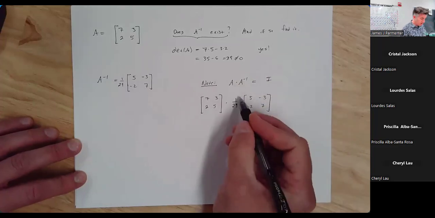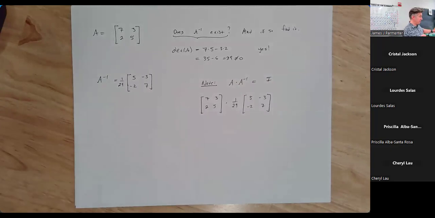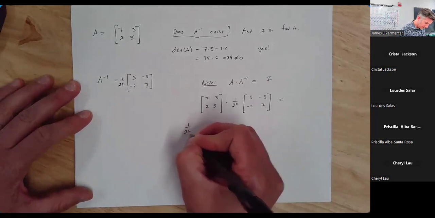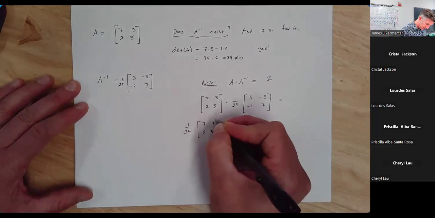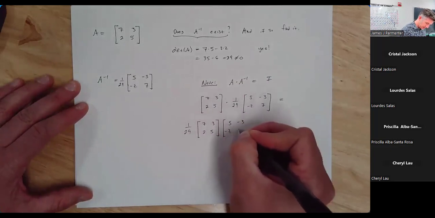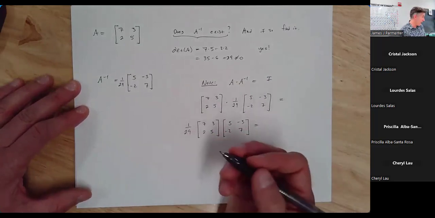The nice thing about constants, unlike matrices where the order matters, is that for constants, or scalars, you can move them wherever you want to. So we can rewrite this as 1/29 times the matrix [7, 3; 2, 5] times the matrix [5, -3; -2, 7]. And I'm going to wait to multiply the 1/29 through until the very end.